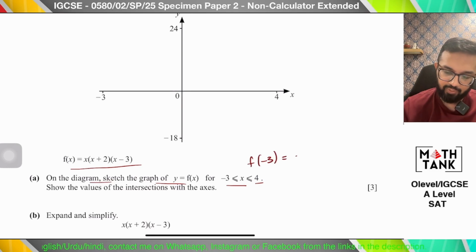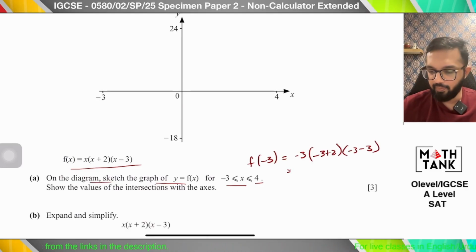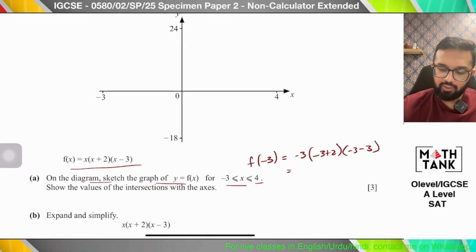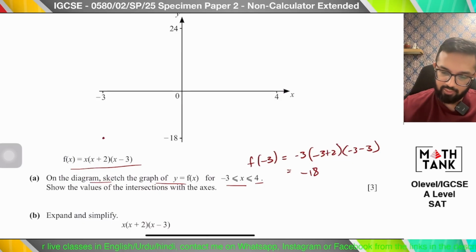So I'm going to get -3, -3 plus 2, and -3, -3. Okay, so 18 into -1 gives me -18. So I'm at this point then, starting from here, and I think ending there.